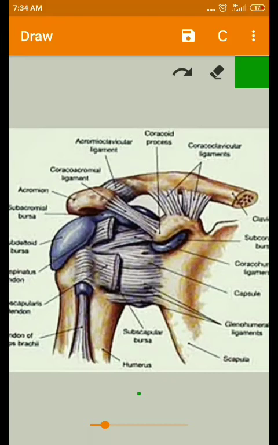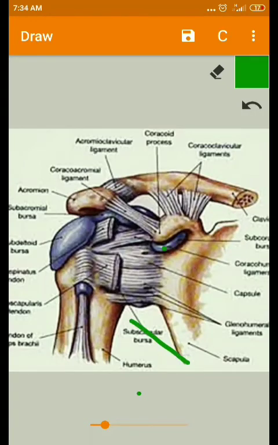Okay, and also a number of non-communicating bursae may be found in the following areas: above the acromion process, between the capsule and the coracoid process, behind the coracobrachialis muscle, in between the teres major and the long head of the triceps on the posterior side, and in front of and behind the tendon of latissimus dorsi.